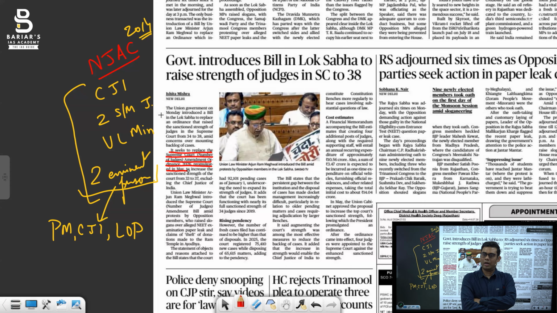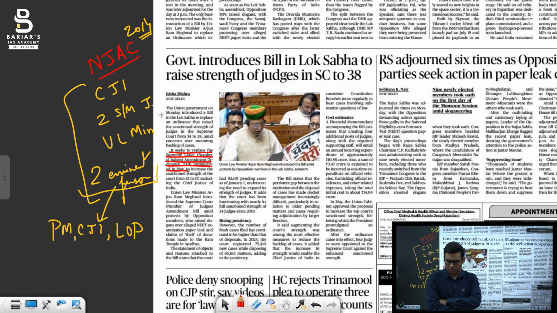When both the houses are not in session and there is a need for immediate attention or immediate action. Under those conditions, ordinance can be promulgated by whom? By President of India.